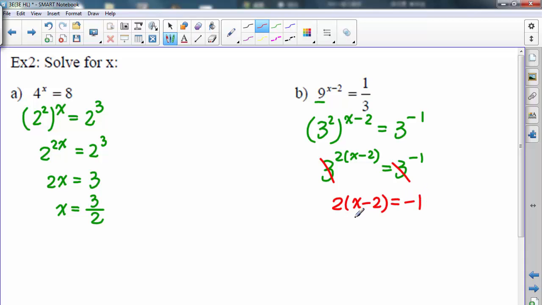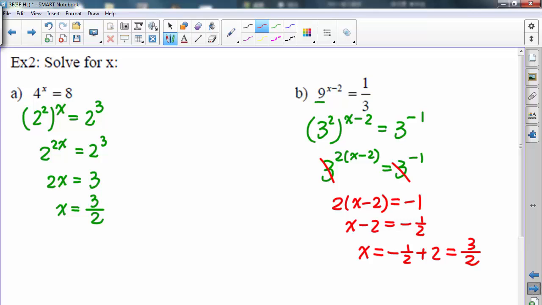So if I want to solve for x in this linear equation, you can open the brackets, but you also can just divide by 2 right away, get -1/2, then I move -2 to the other side, which is -1/2 plus 2. -1/2 plus 2 is 3/2. You can change this 2 to a fraction with 4/2.